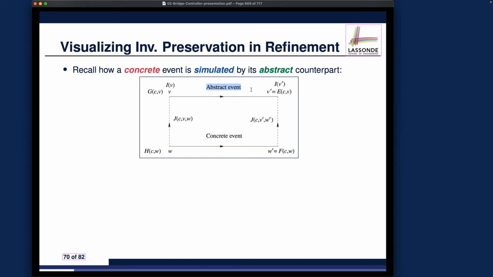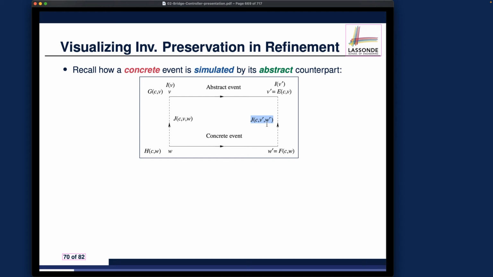You can go either way. So in order to prove it, we actually need this so-called commuting diagram. We want to make sure the pre-states are actually related by the concrete invariants, and also the post states. In the post states, both the abstract and the concrete are also related by the concrete invariants, with, of course, the variables' values substituted by the effects of the abstract and concrete events. That's something we said last week.